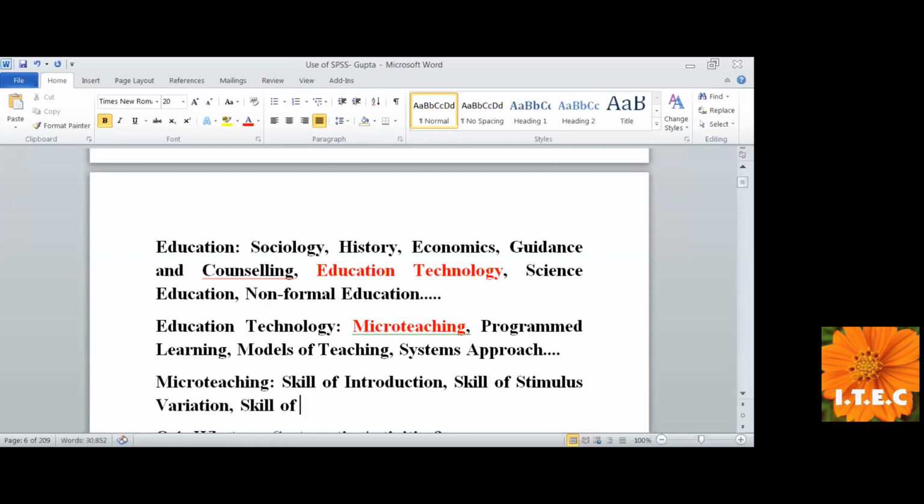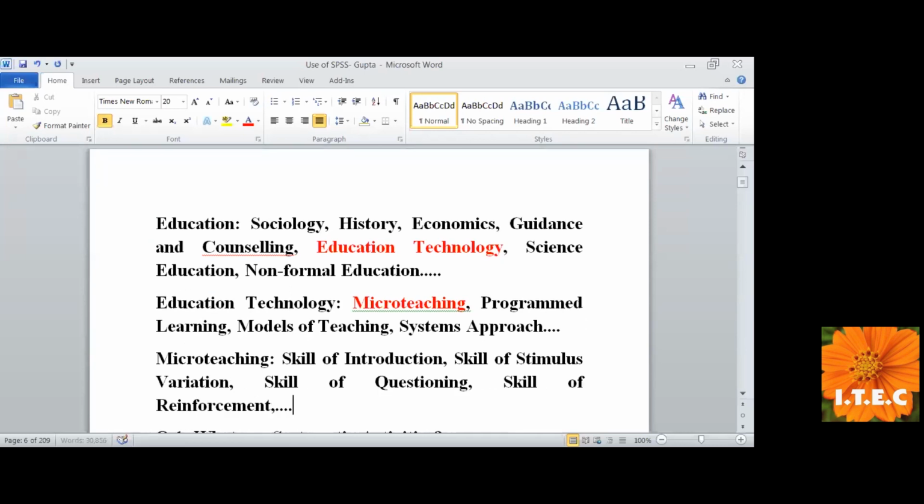Skill of questioning. Skill of reinforcement. There are many skills. Suppose I decide to do the research related to skill of stimulus variation.